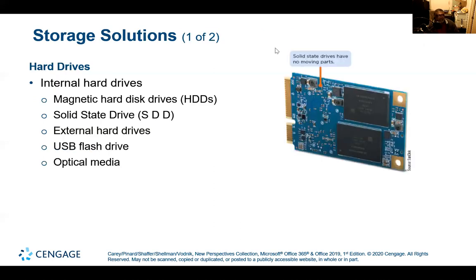All right, so when it comes to hard drives, you have internal hard drives, which have a magnetic hard disk drive in there. There are solid states now where it's just all chips. There are no moving parts. Extremely quiet, extremely fast. External hard drives can come in both types also.